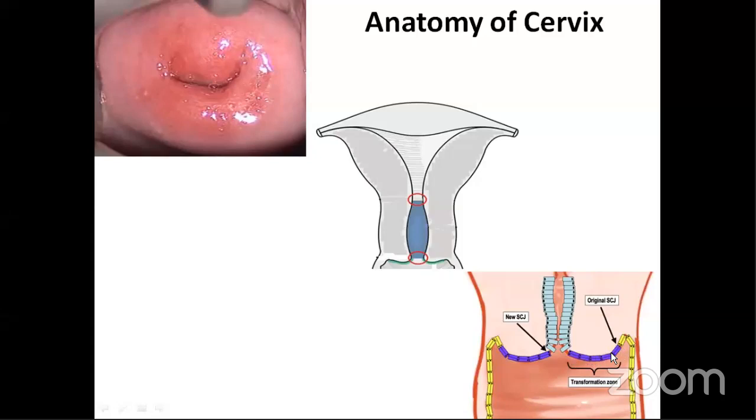In the reproductive age group, the transformation zone is well visible. It is about 0.1 to 1 centimeter in diameter around the external os. This is the area where there is maximum metaplasia and it is prone to HPV infection, which can result in carcinoma cervix.